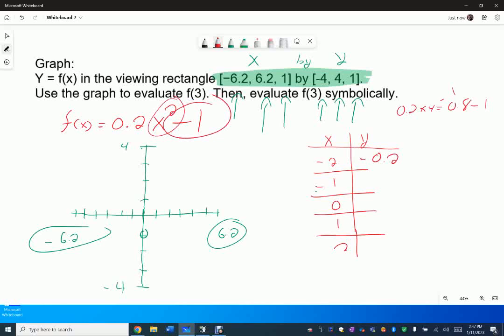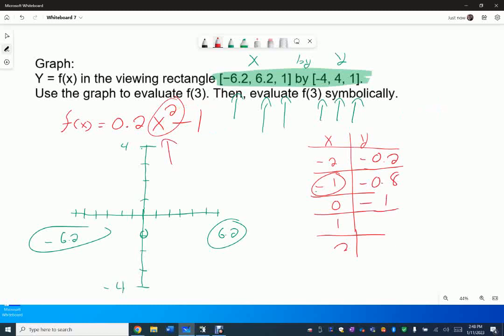I'm going to do this for each one of them, same process. Negative 1 squared, negative 1 times itself is positive 1. That's the squared part. Times 0.2 becomes 0.2, minus 1 is negative 0.8. I plug in 0 for x. 0 times 0 is 0, times 0.2 is 0, minus 1 is negative 1.